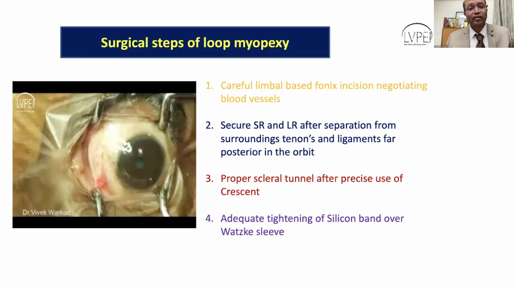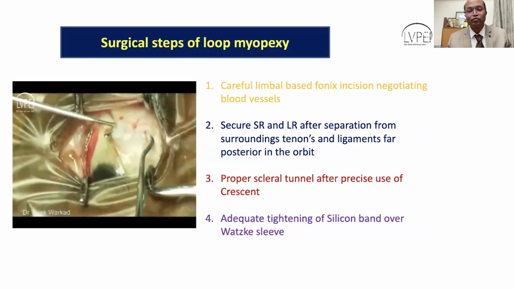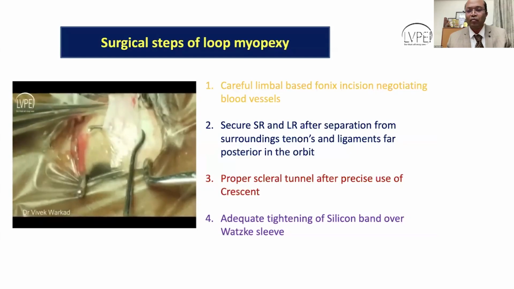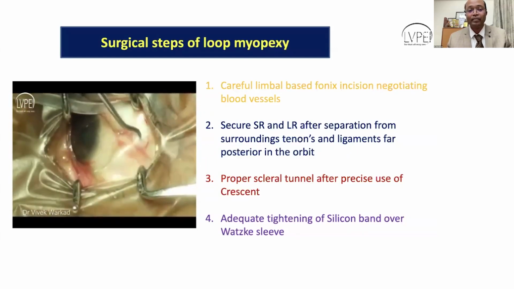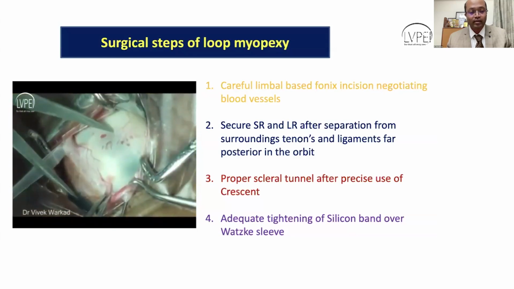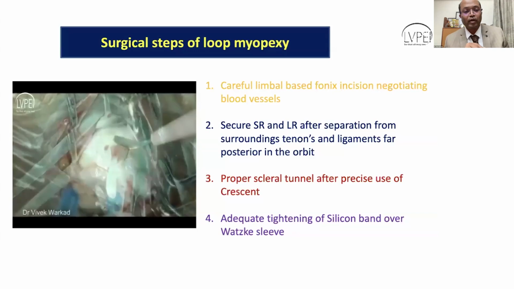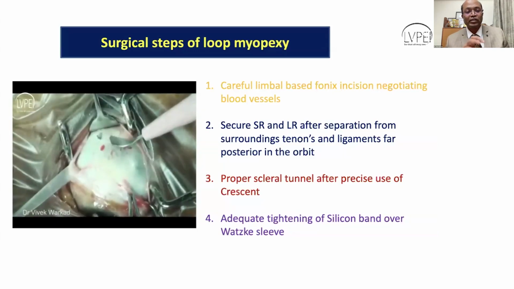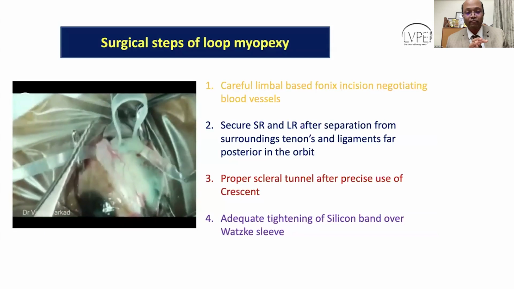So let's understand in detail what the surgical steps are. You need to make a careful limbal-based fornix incision, negotiating the blood vessels to avoid bleeding. Once you secure the superior rectus and the lateral rectus, in this particular video you need to make a tunnel 14 millimeters from the limbus. This is the most difficult step, so you need to be careful.